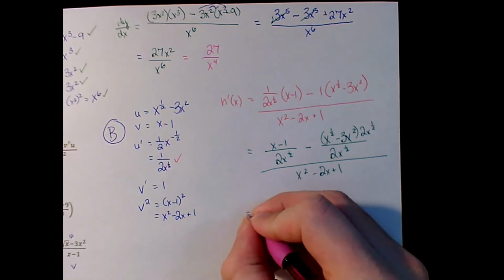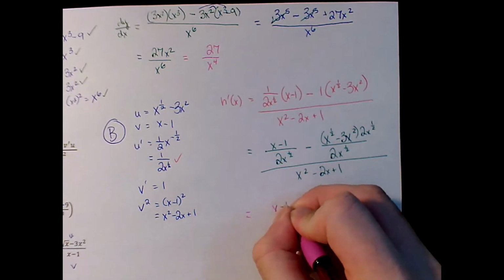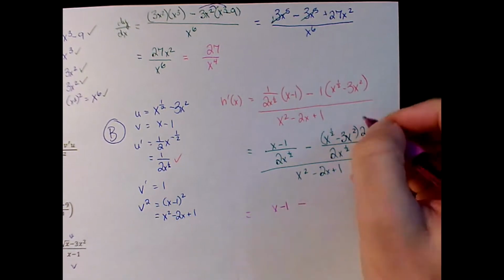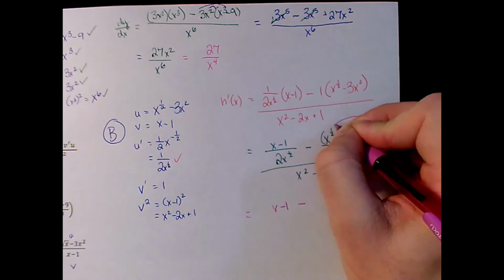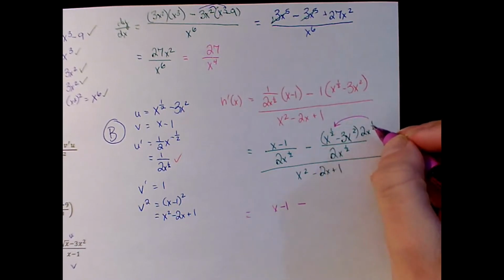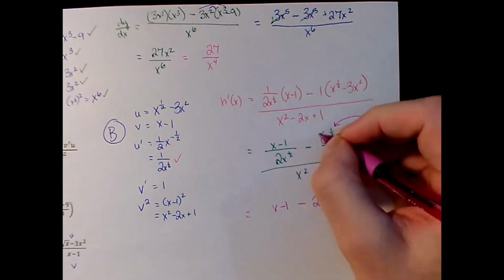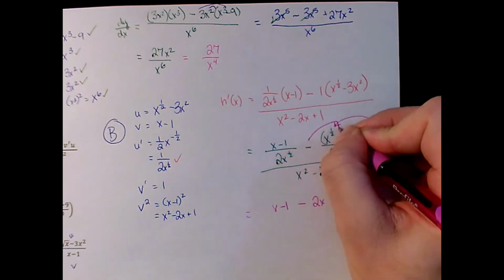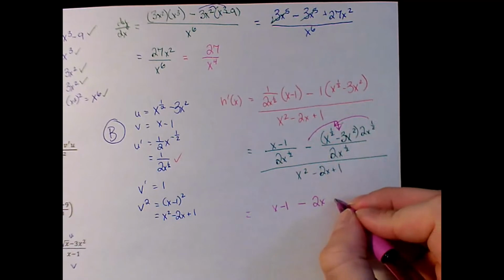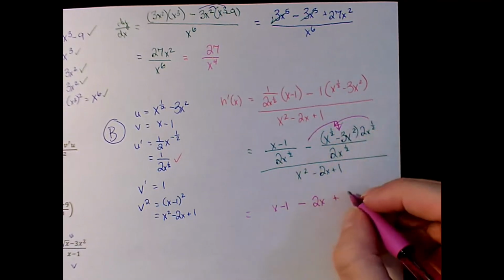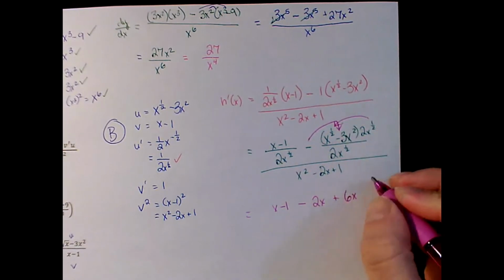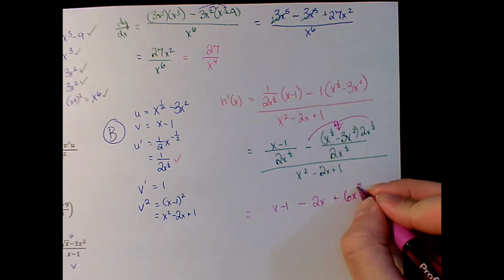That ends up being x minus 1 minus 2x to the 1/2 times x to the 1/2, add the exponents, is 2x, minus, plus 6x to the 5/2.